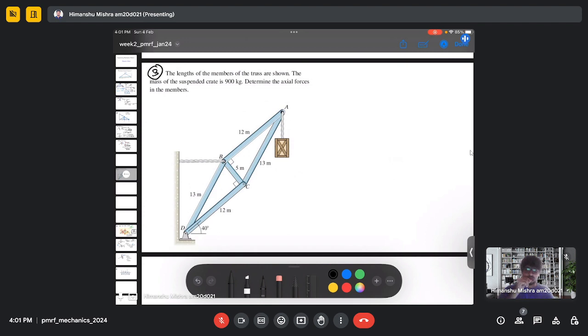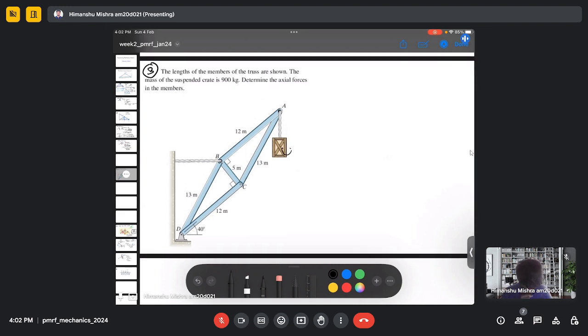And after that we will be using method of joint. So here we need to determine the forces in all the members, and we have been given the weight, which is 900 kg.